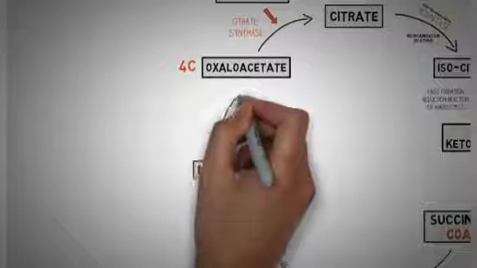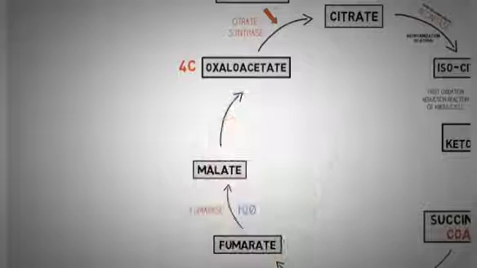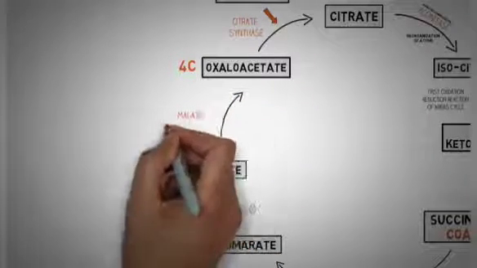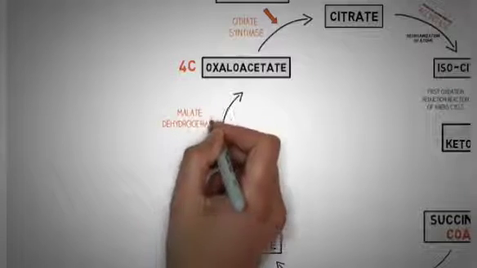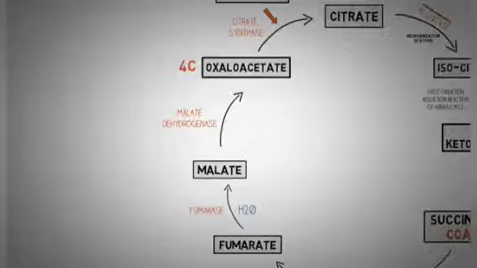The next type of reaction that happens here is the oxidation, in which we finally oxidize malate to oxaloacetate. And the enzyme involved here is again a dehydrogenase, which is known as malate dehydrogenase. Again, the NAD molecule gets reduced to NADH, which will be used in the electron transport chain.